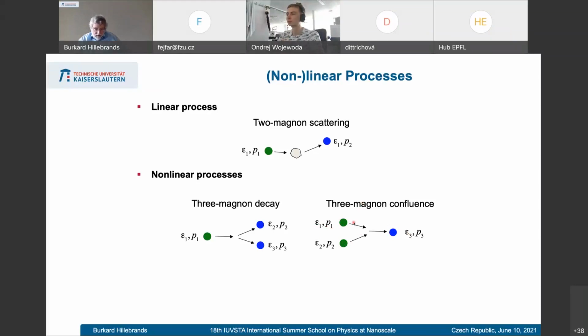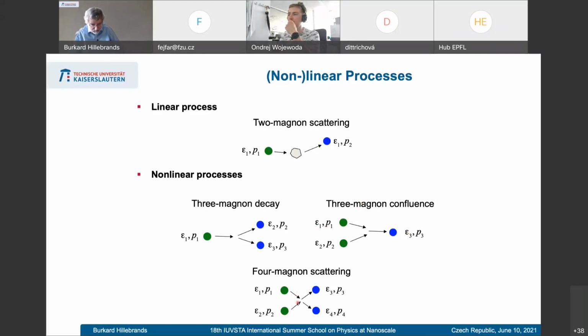And you can continue. The next process is 4 magnon scattering. There are several of them, and here is the most pronounced one. Just 2 magnons come in, they scatter, and 2 magnons go out. The total energy needs to be conserved, and the total momentum needs to be conserved. And this process is actually a very interesting one, because you see it's particle number conserving. And this might remind you what you learned in the first year of physics, where you were discussing scattering processes of atoms and molecules in a gas.